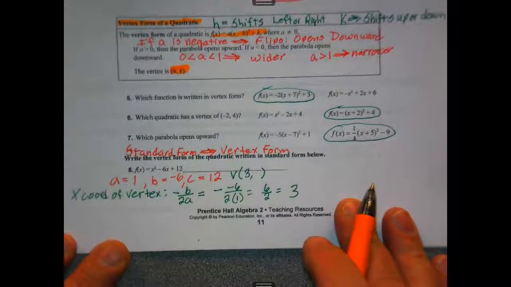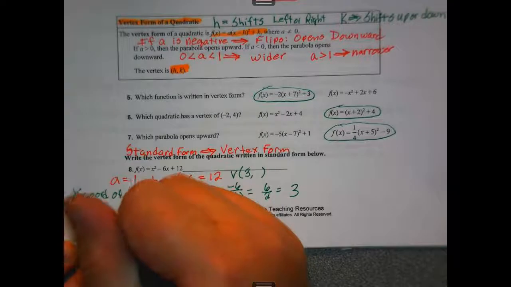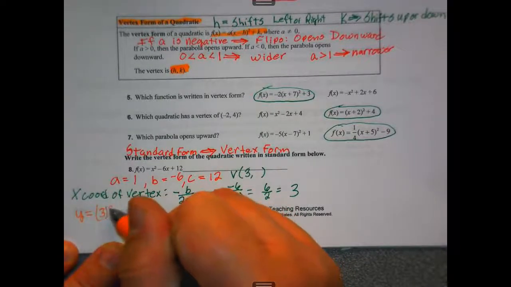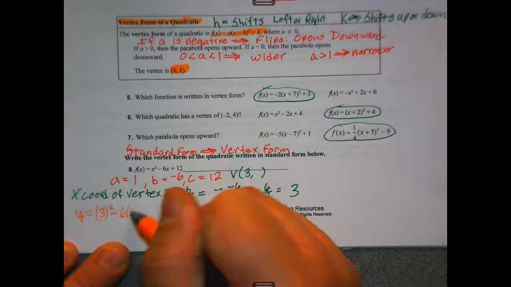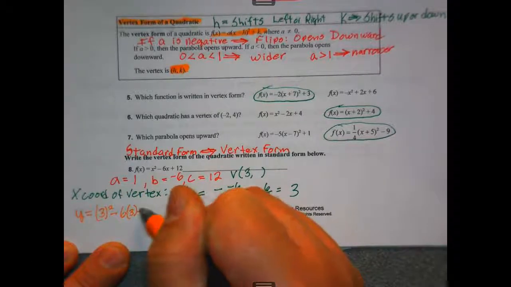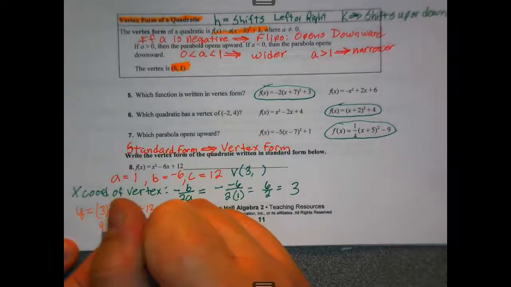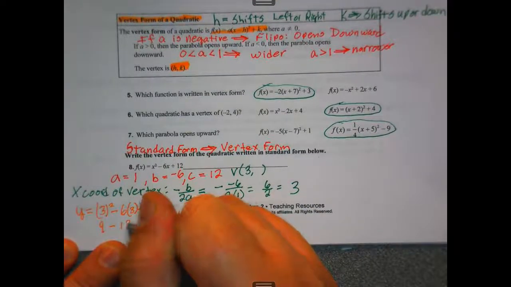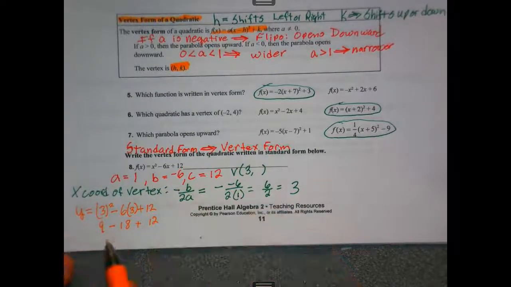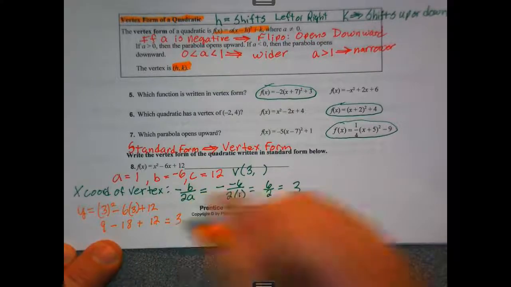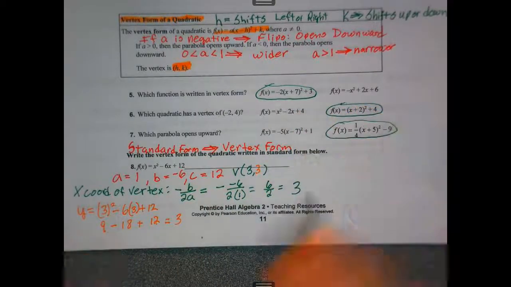Very good. Plug it back into the equation. So I have y equals 3 squared minus 6 times 3 plus 12. 3 squared is 9. 18 plus 12. Let's see, 9 plus 12 is 21 minus 18 is 3.